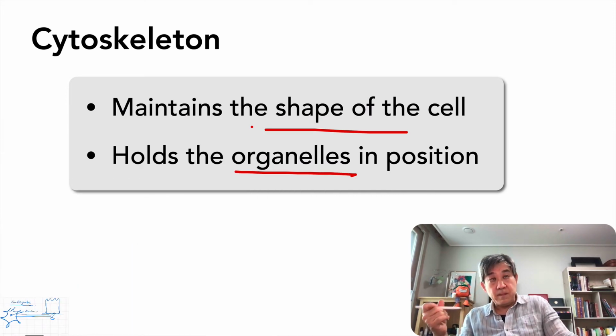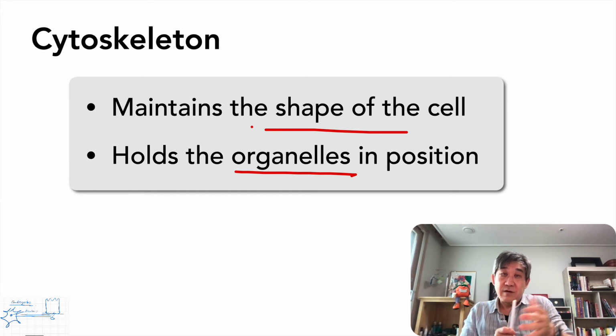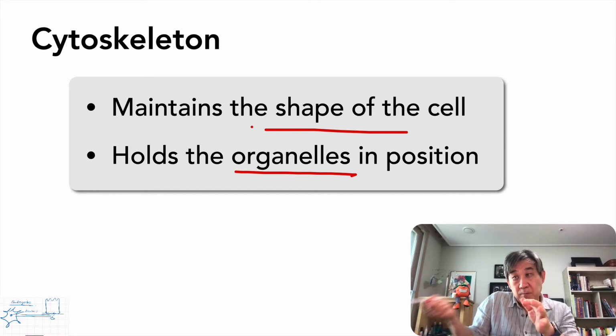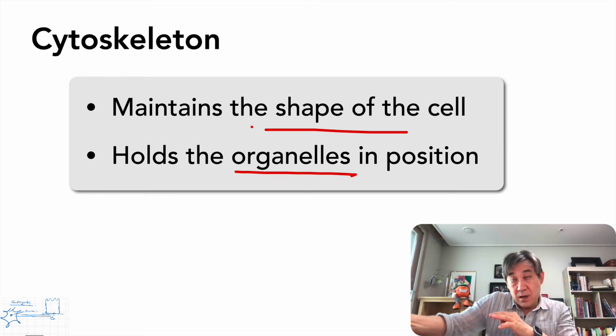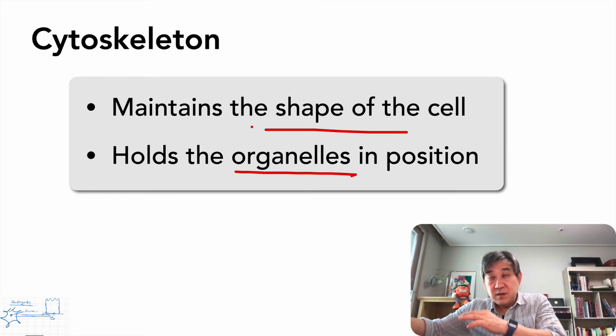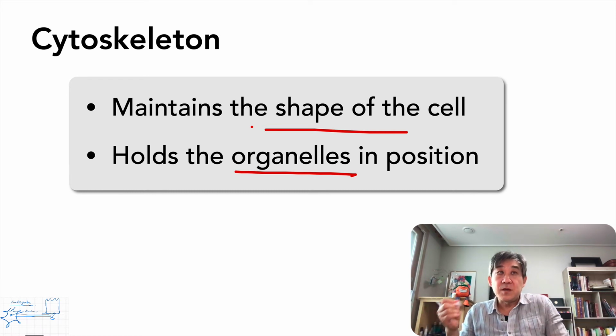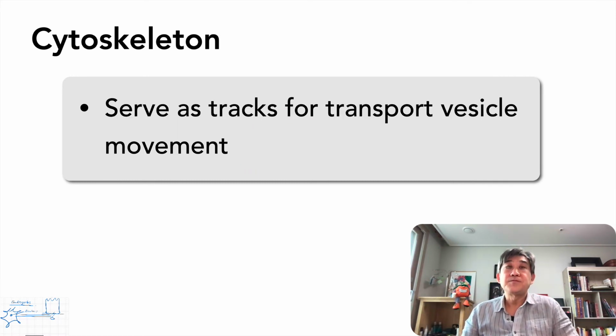A similar thing is observed in the case of organelles in the cytoplasm, and the reason why they can maintain such a relative specific position is that the position is fixed by attachment to specific cytoskeleton proteins.